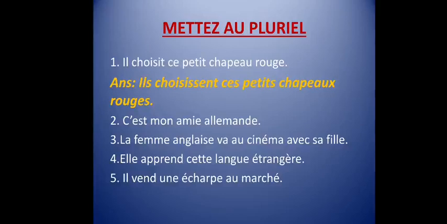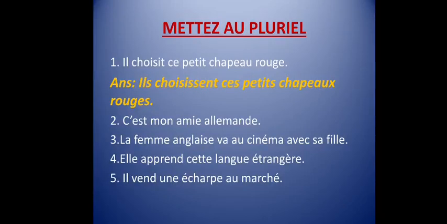I hope you remember how we make words into plural. You have to remember all the rules, where we use X, where we use S, demonstrative adjectives, possessive adjectives. All the grammar has to be clear in order to do such kinds of questions.